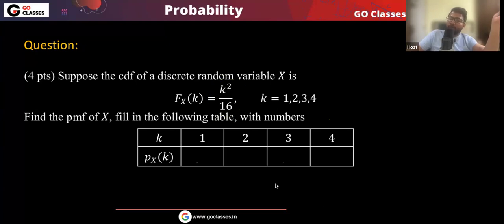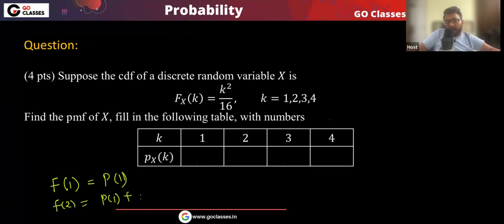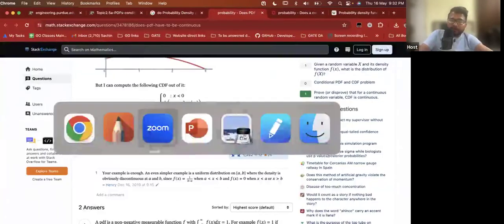But here we don't need to differentiate anything. See, this F of 1 is just the probability of 1, right? F of 2 here is nothing but probability of 1 and probability of 2. So if F of 2 and F of 1 are given, then can't you just subtract both of them and find out the probability of 2?